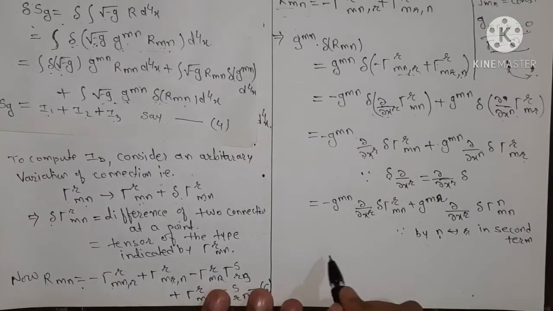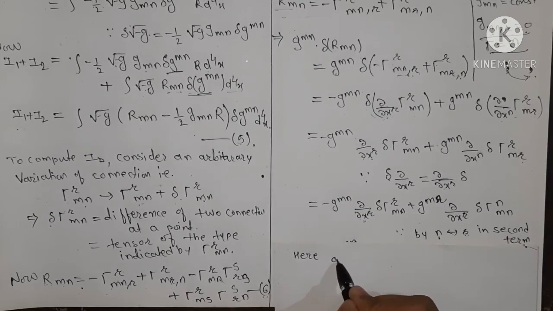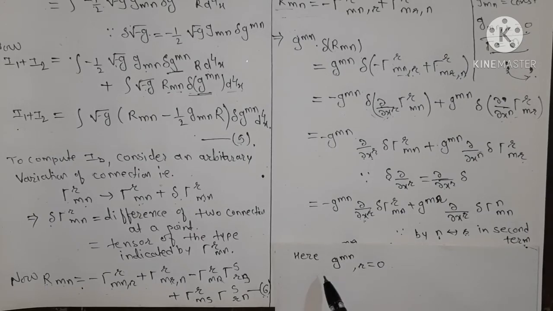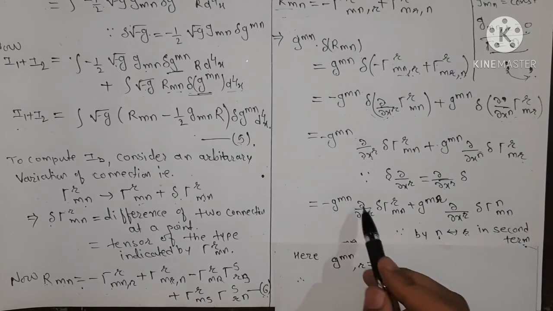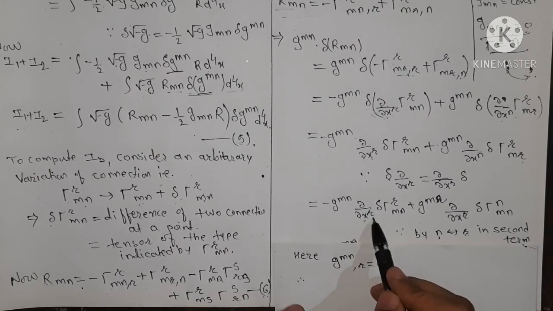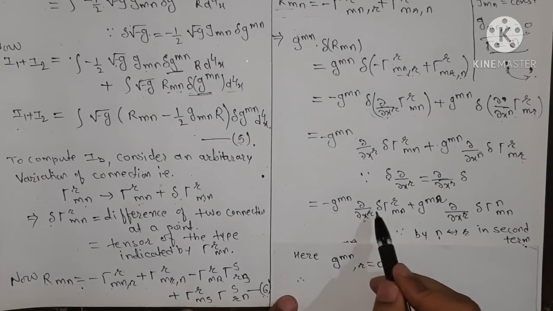So this is equal to, now here the first derivative of g^{mn}, g^{mn}_{,r}, equals 0. We are choosing the Riemannian coordinate system, in which g^{mn}_{,r} is equal to 0, and therefore we can write this equation minus g^{mn} ∂/∂x^r in the form, since this g^{mn} is constant, we can take it inside the partial derivative.